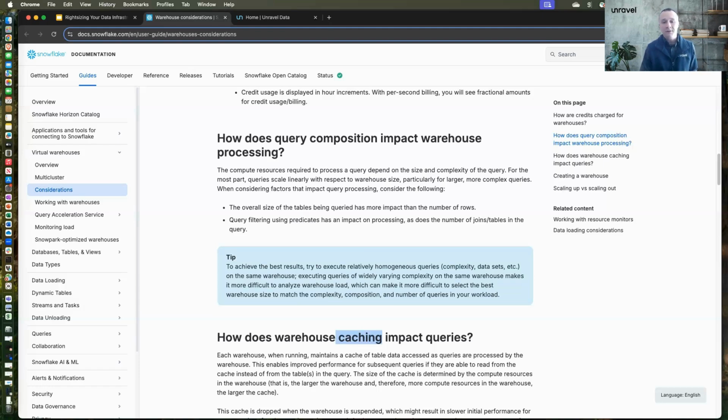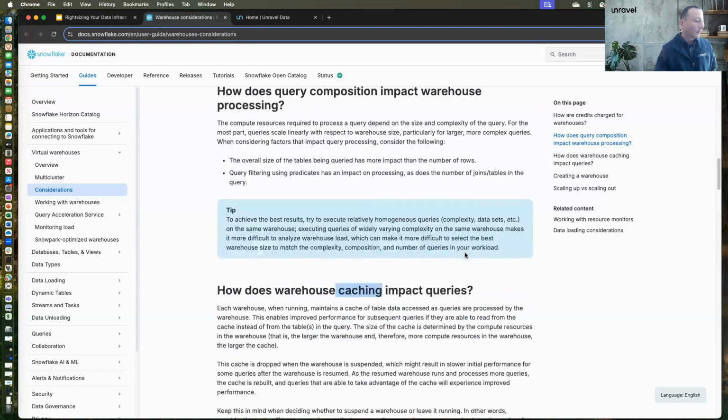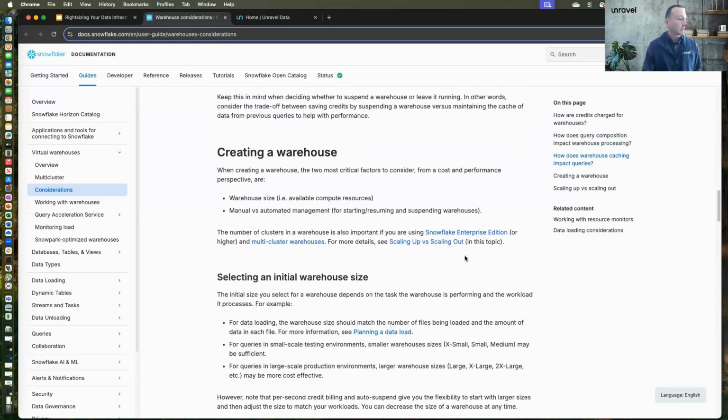Now, keeping all of this in mind, when you're creating your warehouse, a couple of the most important factors to consider are size, for one. And what does that talk about? It's the amount of available resources in your compute. But then how are you managing that?